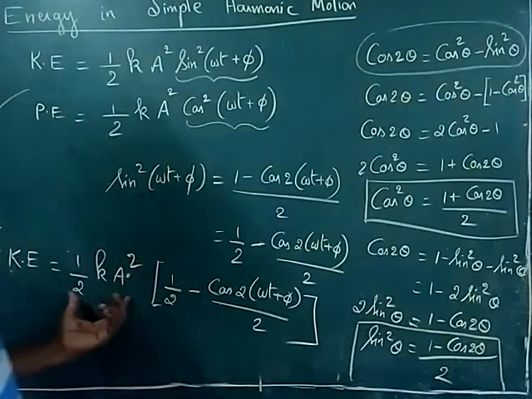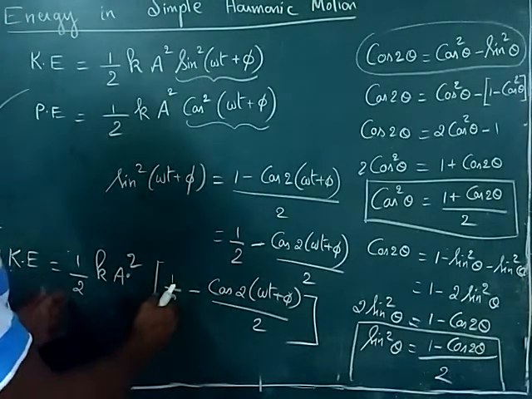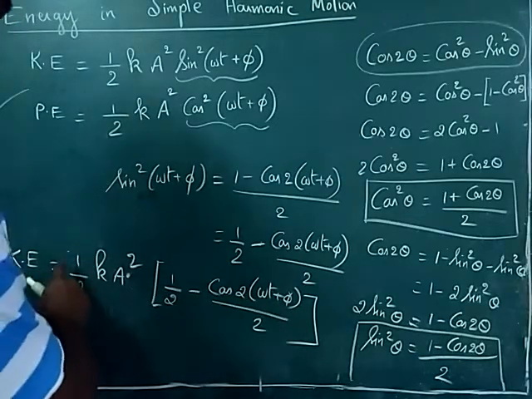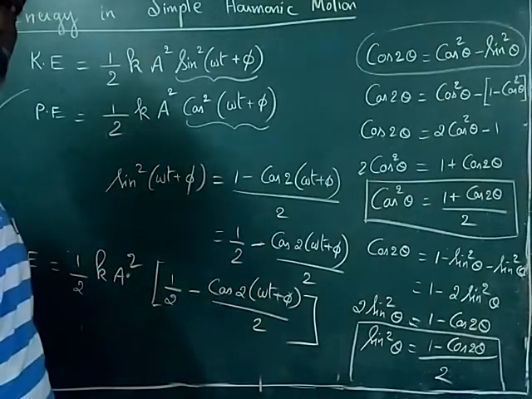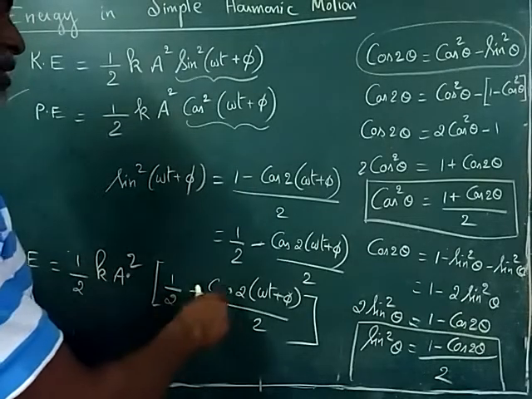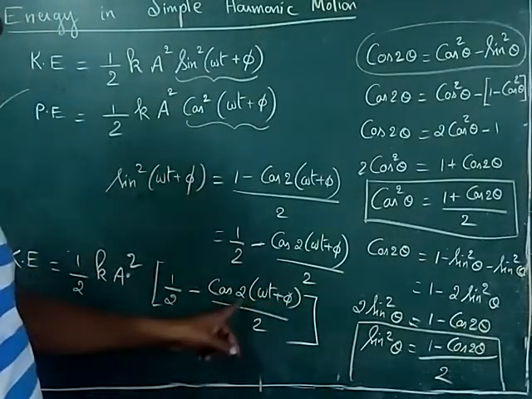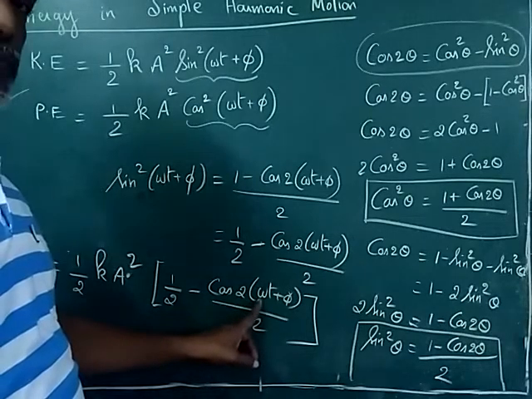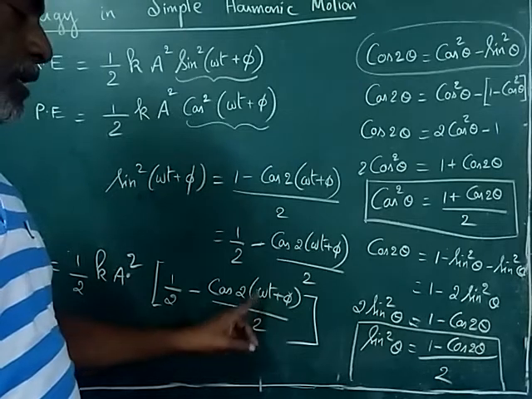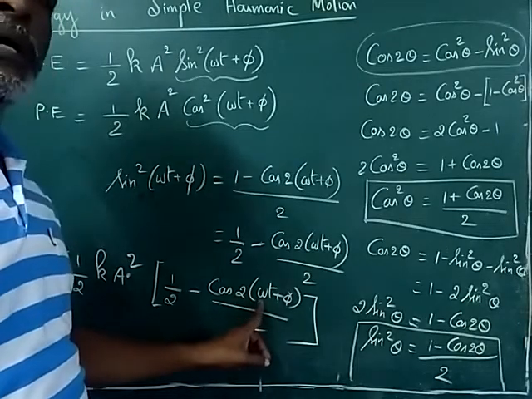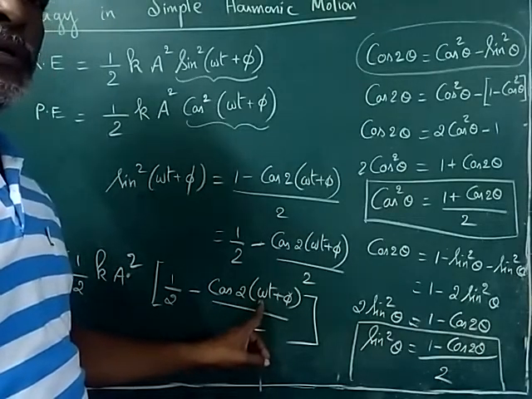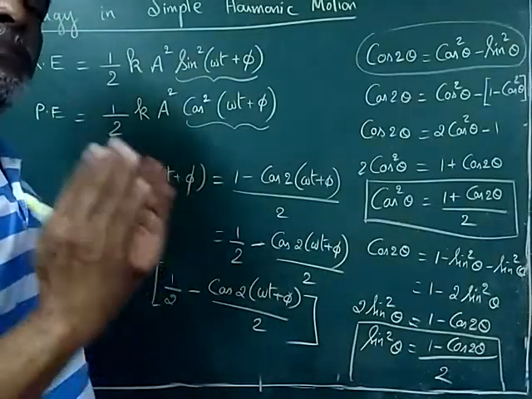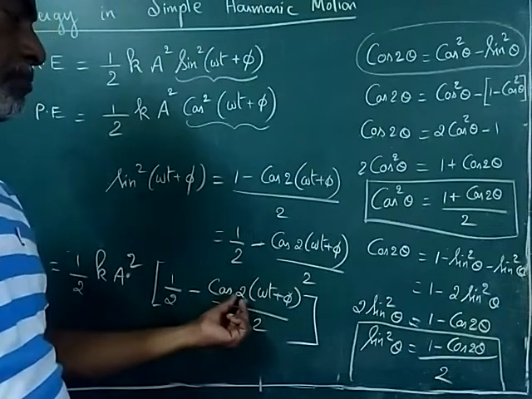Now if you multiply this value with this, first you will get a constant term and then you are multiplying with the next one. So 1 by 2 into 1 by 2 will become 1 by 4 k a square cos 2 omega t plus phi. Now you note down here 2, omega is 2 pi f. That means you are multiplying the frequency by 2. So in one period of time it completes 2 cycles. That's the meaning, because of this 2.